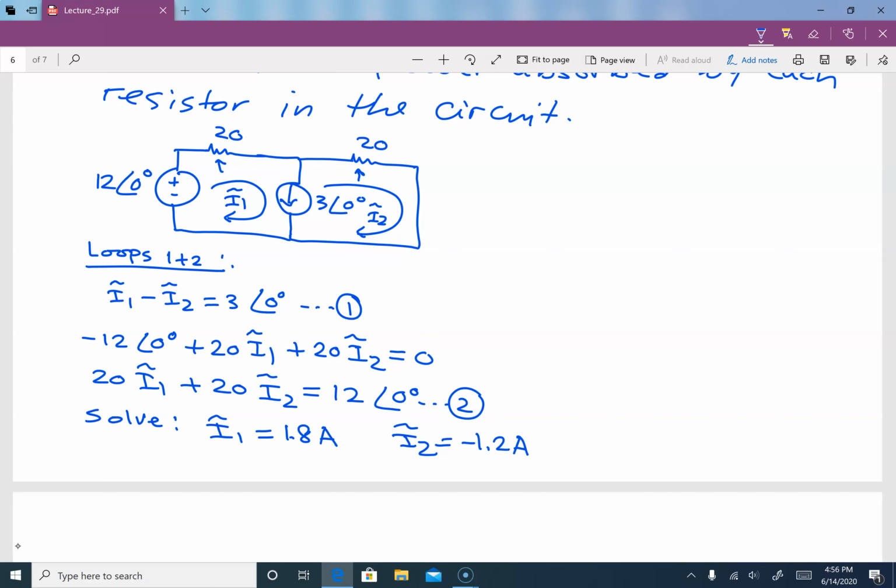So now the P, if I call this as P1 and this is as P2, then P1 is equal to 1/2 I1 squared times R, which is 1/2 I1, that is 1.8 squared times 20, which is equal to 32.4 watts.